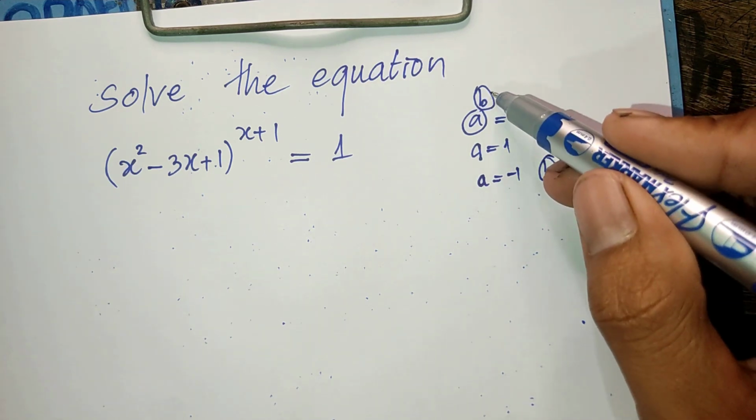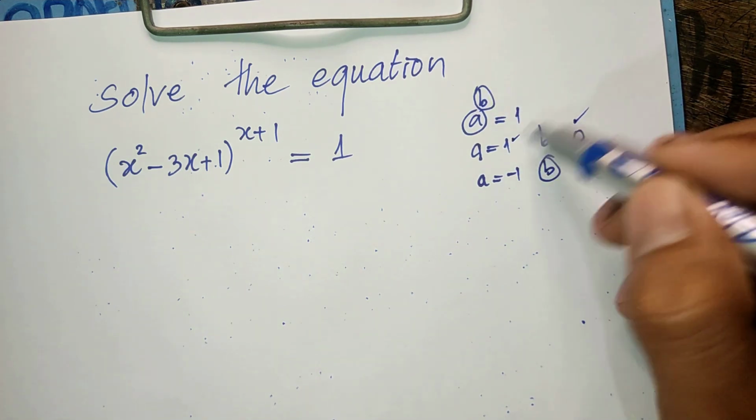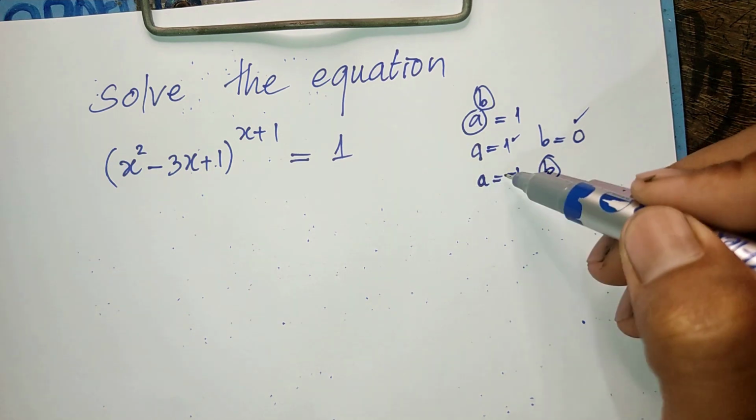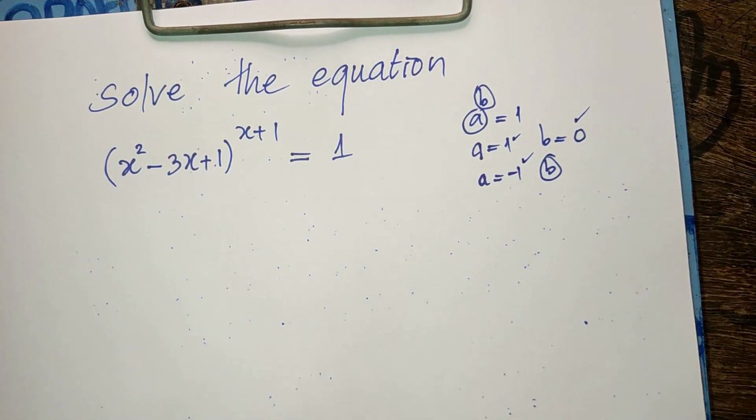So now b can equal 0, a can be equal to 1, and a is equal to minus 1.